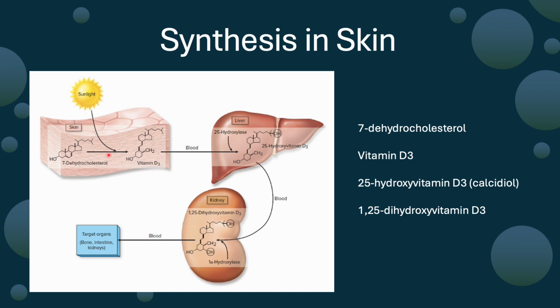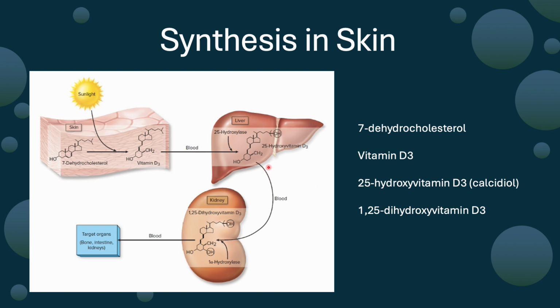So in the skin, we have this inactive form of vitamin D known as 7-dehydrocholesterol, and from UVB rays from sunlight and through heat, it will then be converted into vitamin D3. Now from there, vitamin D3 is transported to the liver in the blood, where it is then converted into 25-hydroxy vitamin D3, also known as calcidiol.